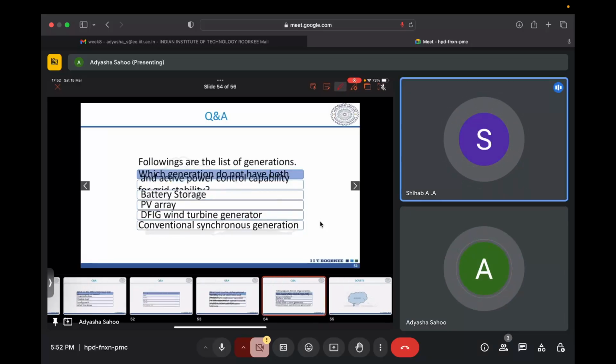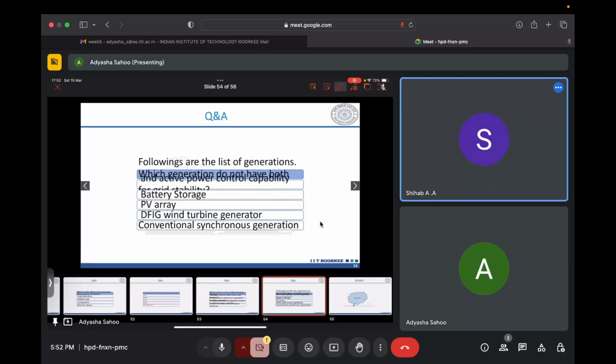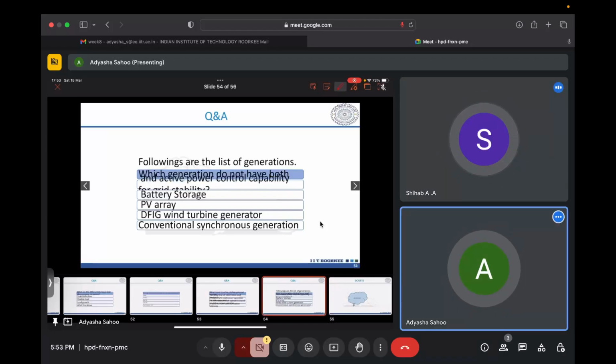Which of the following do not have active power control capability for grid stability? PV array, battery storage. Battery storage will have it, we have stored energy there, right? For the PV array, basically you cannot control the power that is coming from the sun.